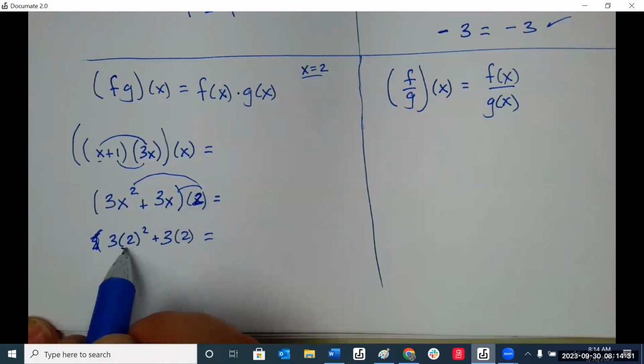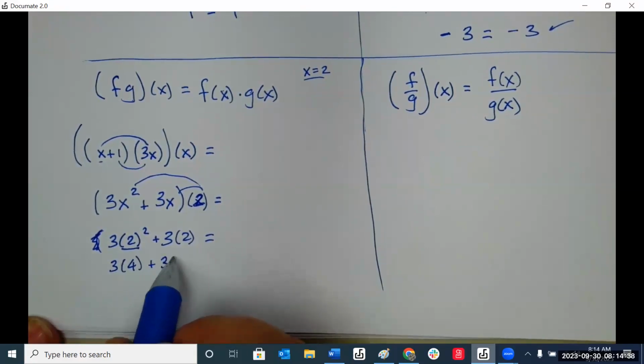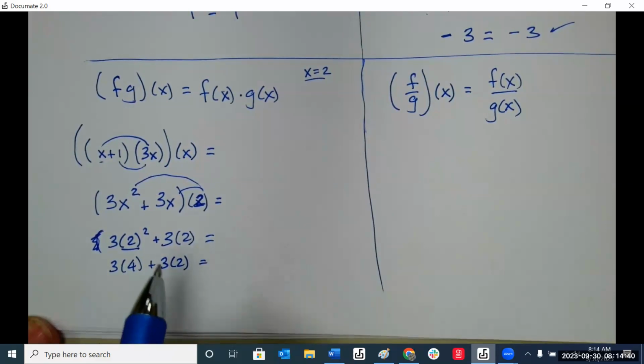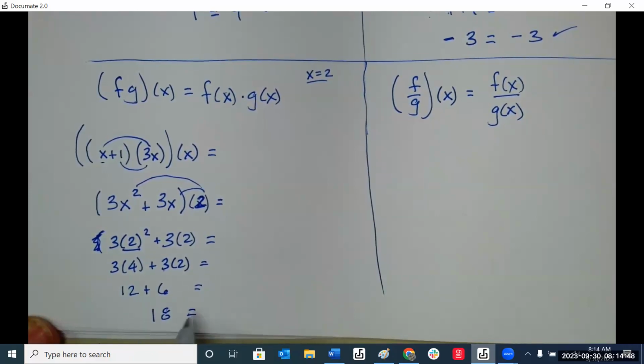Order of operations, you have to do the 2 squared first. So it's 3 times 4, because 2 squared is 4, which is 12. 3 times 2 is 6. 12 plus 6 is 18.